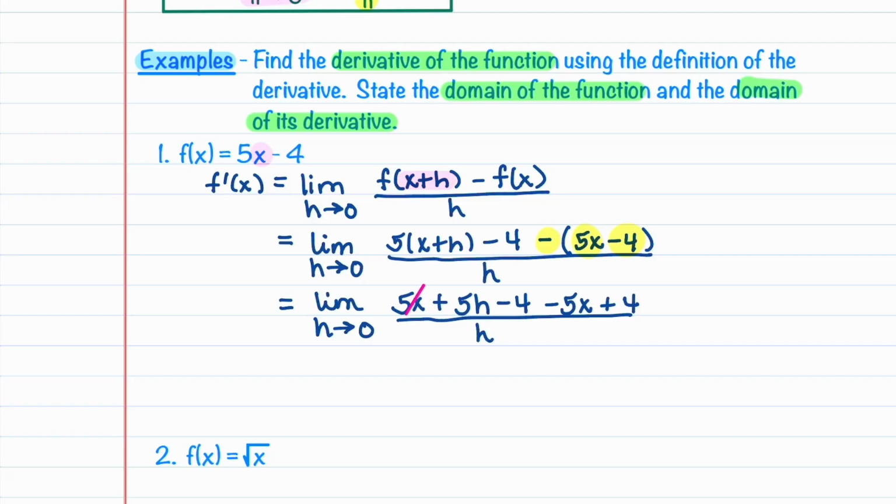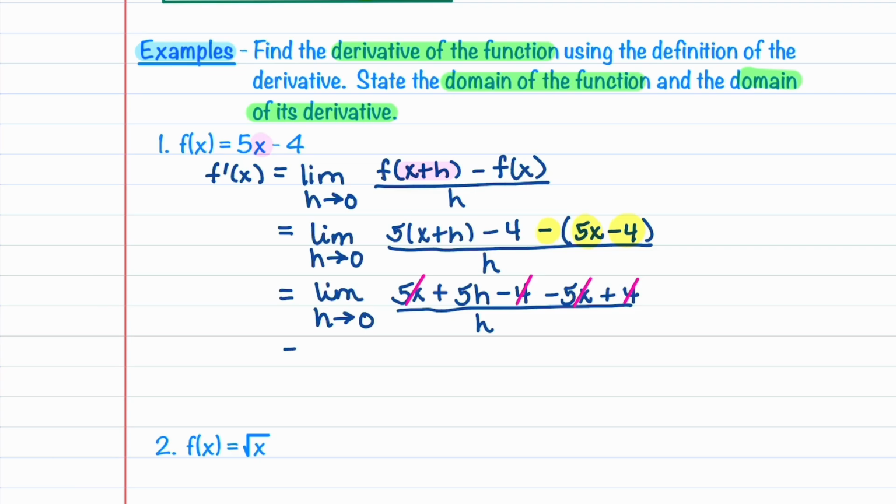Our 5x cancels, and then our minus 4 cancels with 4. So this gives us the limit as h goes to 0 of 5h divided by h. And now you can see that the h's cancel, and we're left with a value of 5. So the derivative of our function is equal to 5.